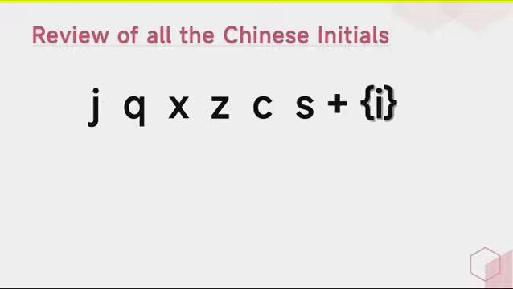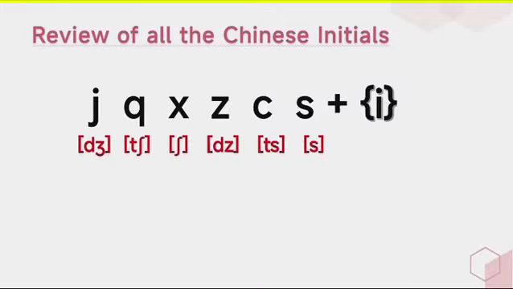To pronounce their phonetic sounds, we can reference similar English phonetic symbols in words such as bridge for ji, church for chi, wash for she, friends for z, cats for ci, and class for si.